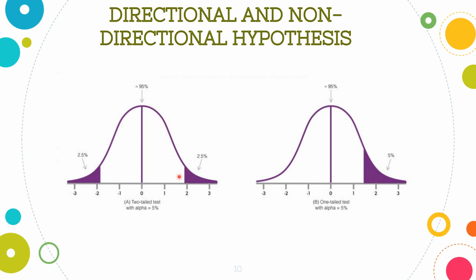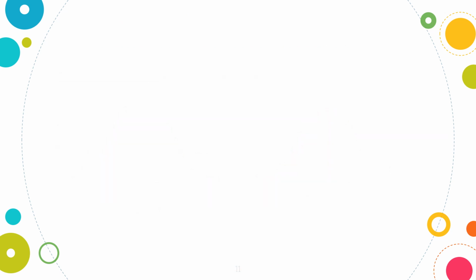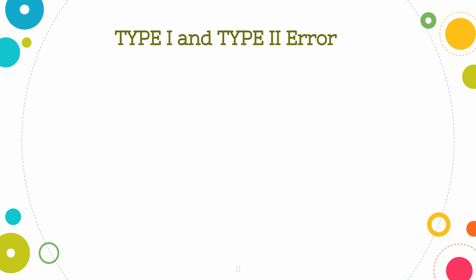So 5% divided by 2, that is 2.5%. So, yun yung pagkakaiba ng directional and non-directional hypothesis when it comes to alternative hypothesis.